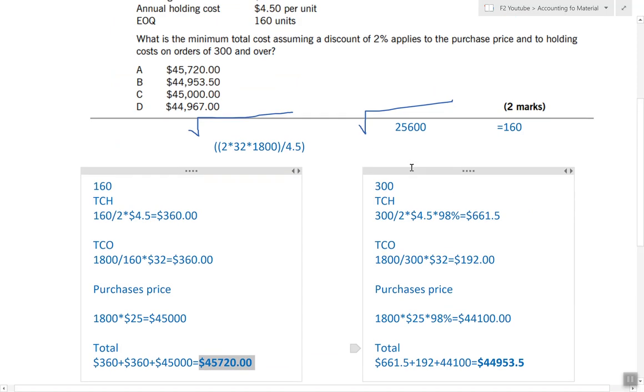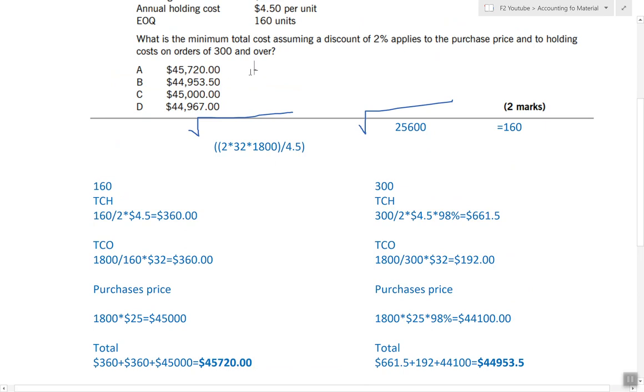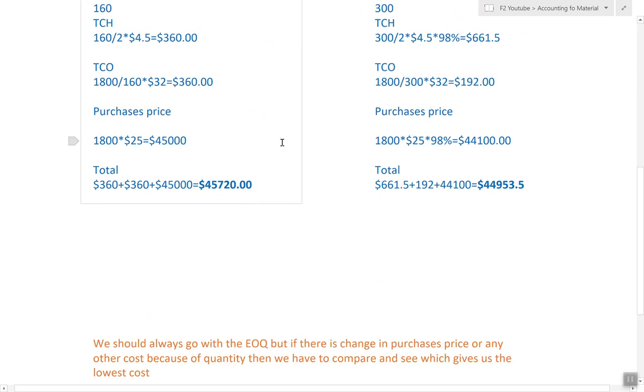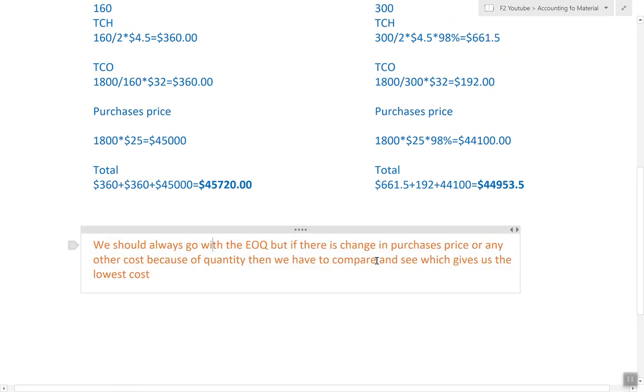So even though EOQ saves on holding costs and ordering costs, in this specific scenario, the lower cost is with buying 300 because there is discount. If there were no discount, without doubt, EOQ would give us the lowest cost. So we should always go with EOQ. But if there is a change in purchase price or another cost because of quantity, then we have to compare and see which gives us the lowest cost.